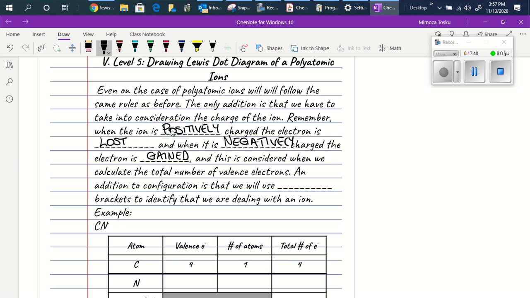Okay, so in addition to what we have said, when we are dealing with an ion, we have to use square brackets, and we have to identify the charge of the ion.